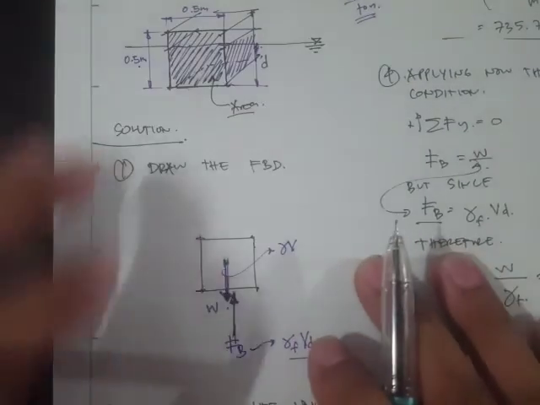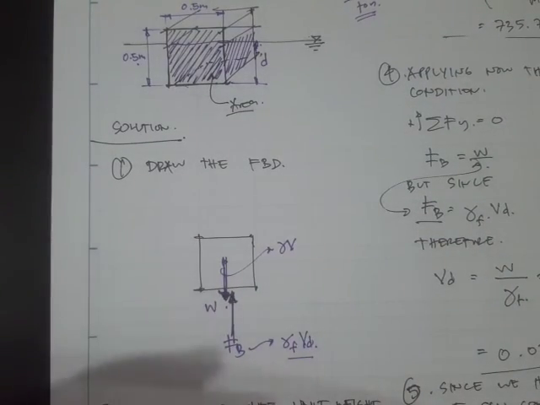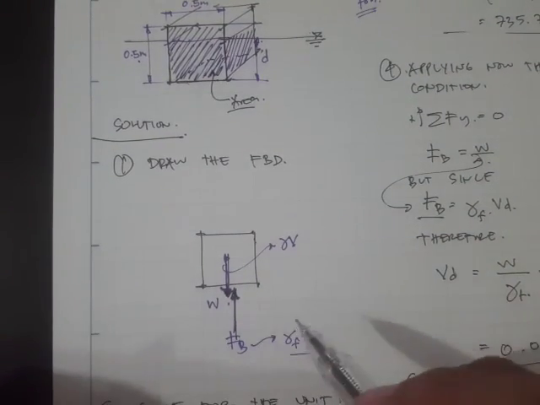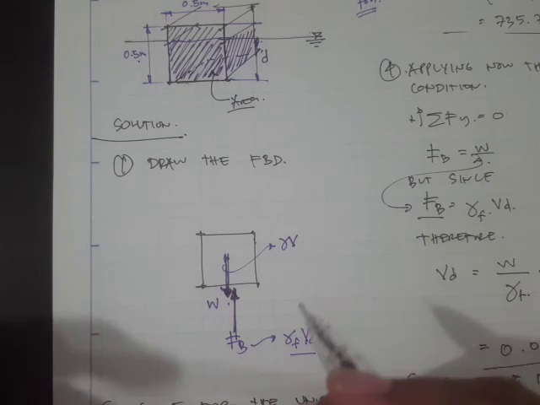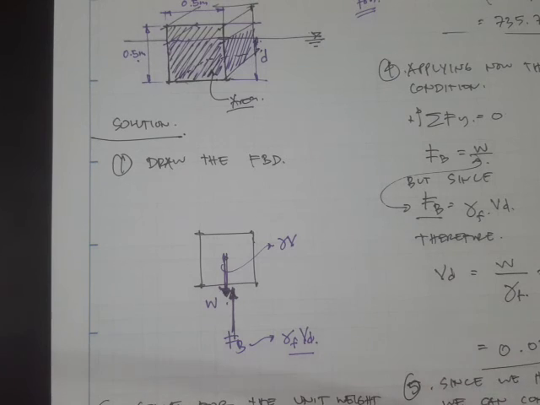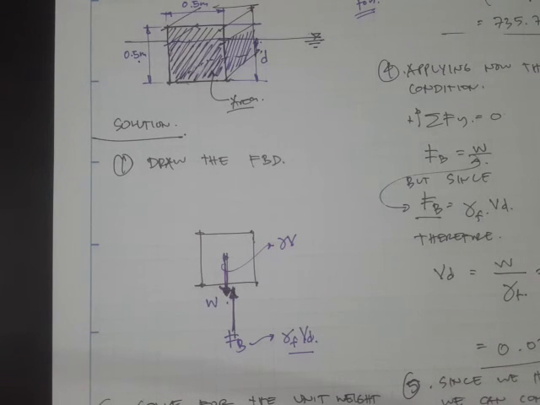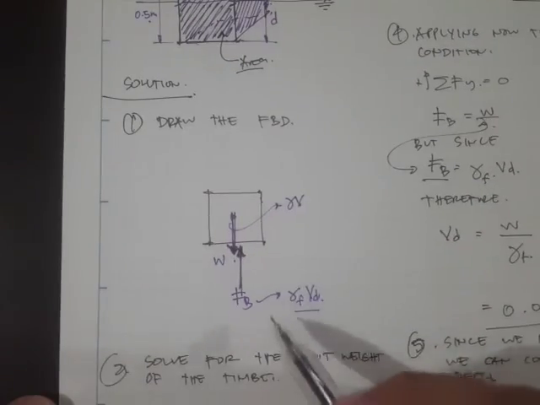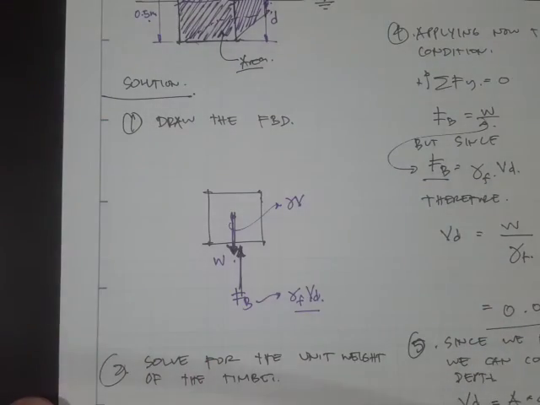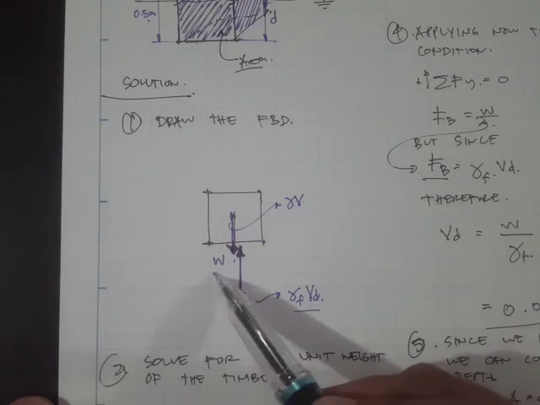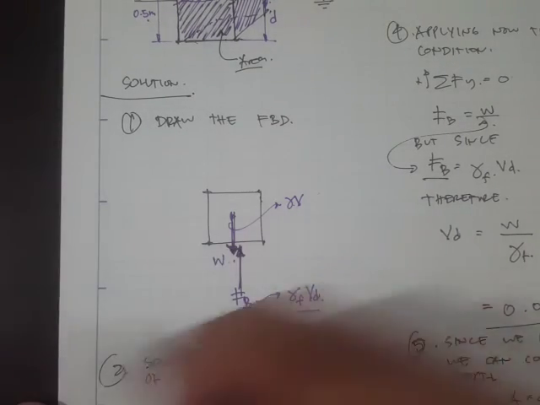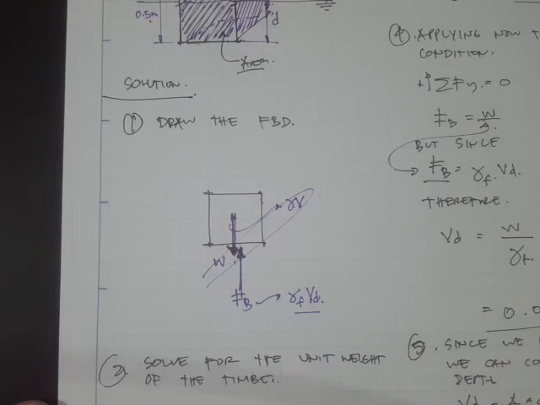What we did first is to draw the free body diagram so that we can visualize which one is missing, or which one we are going to solve directly. Then we found that the weight is equal to the unit weight times the volume, and we can solve for this value.